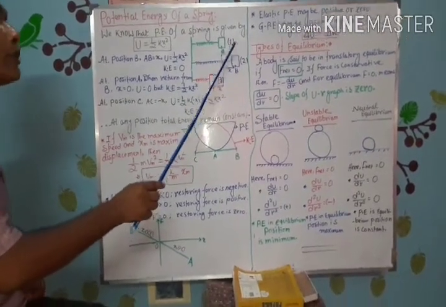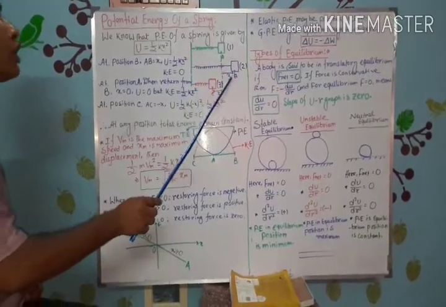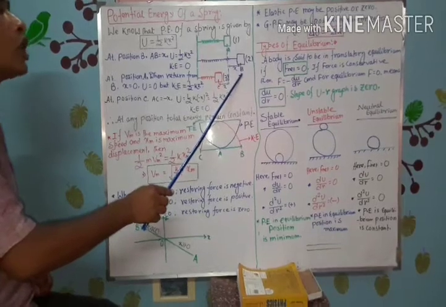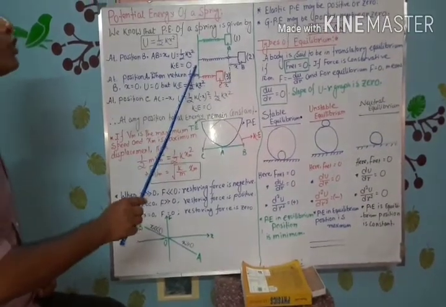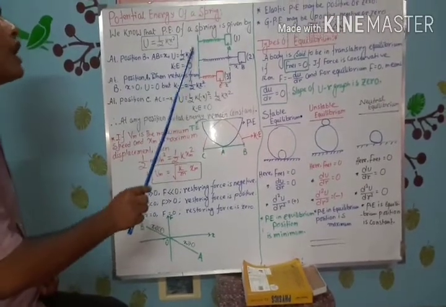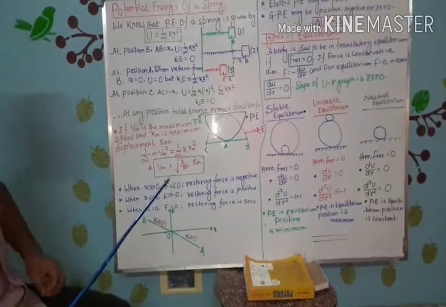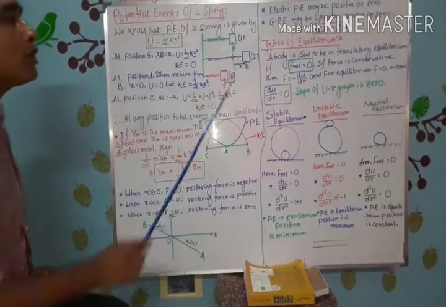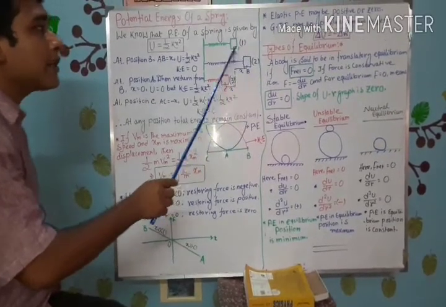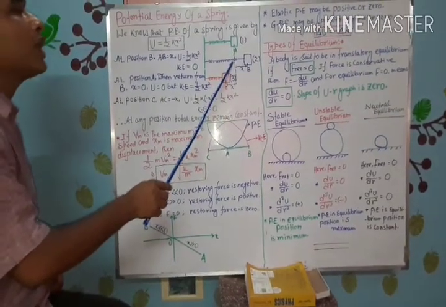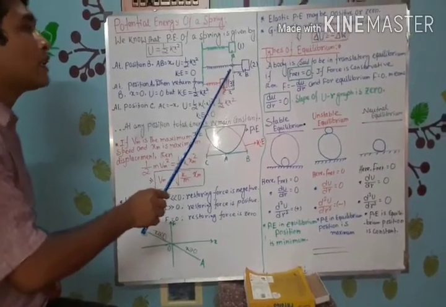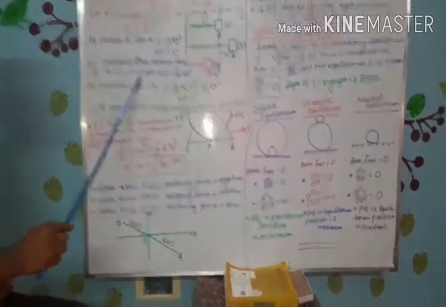So for the position B, the potential energy of the spring is half k x square and the kinetic energy of the body is 0. Therefore, the total energy of the system is 0 plus half k x square, that is half k x square. Now, if we release the body from the position B, the body returns back to the position A with some velocity, and at the position A, x equals 0, that's why potential energy is 0.